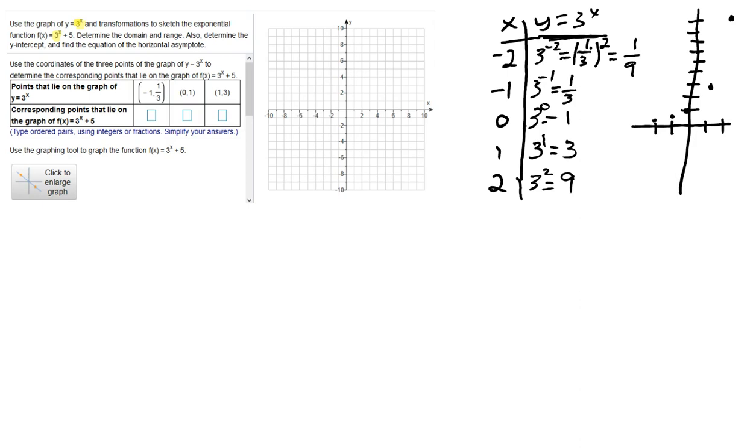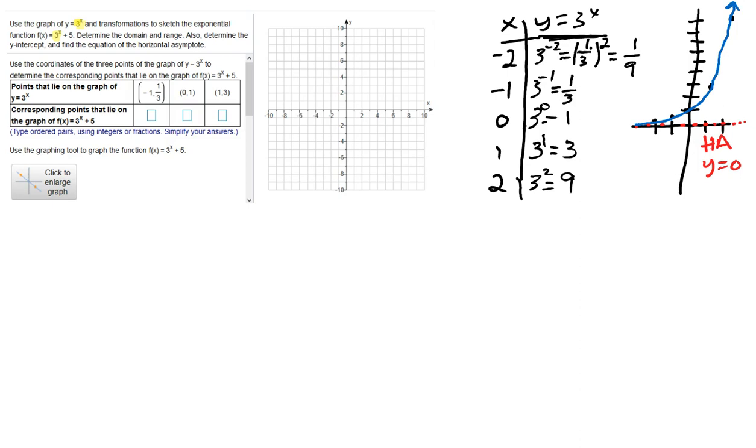So this is what the curve looks like. We do have a horizontal asymptote that is along the x-axis or at y = 0. And so now we have an idea of what 3 to the x looks like.